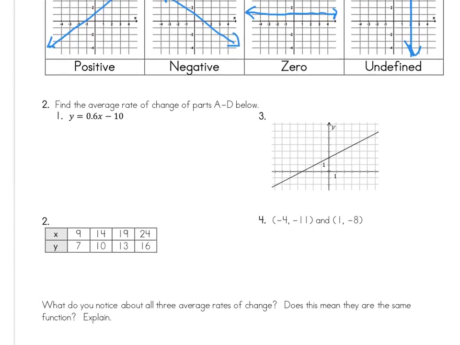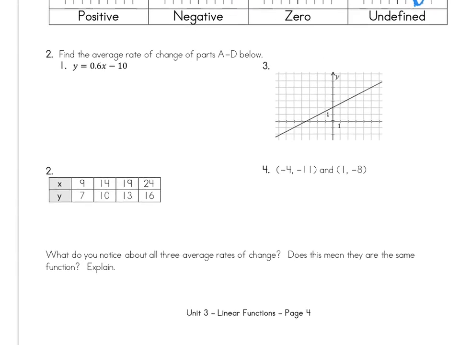Okay, so now in example number 2, we need to find the average rate of change of parts. It says A through D, but somehow it got switched to 1, 2, 3, and 4. And the way that we show the average rate of change with most of these is by setting up a table.